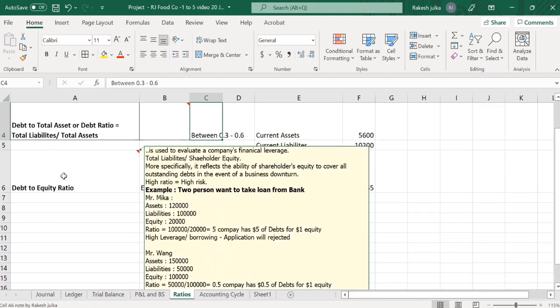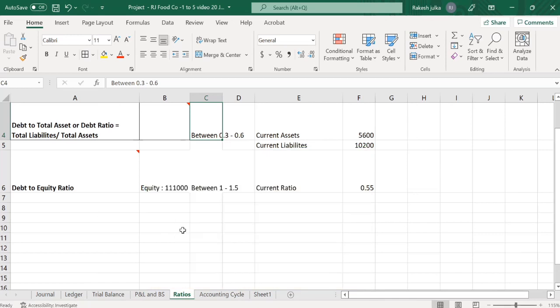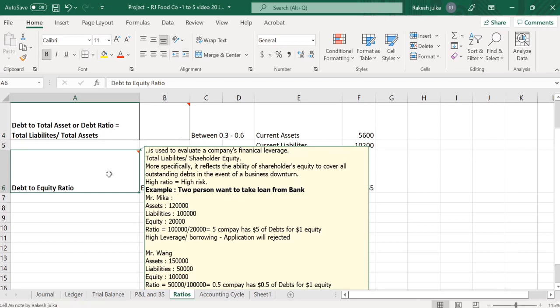So what does the debt to equity ratio say? The debt to equity ratio is used to evaluate a company's financial leverage.